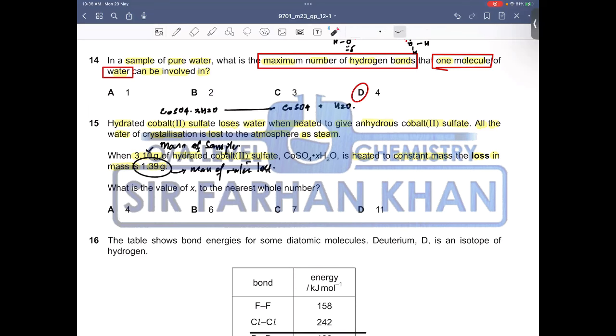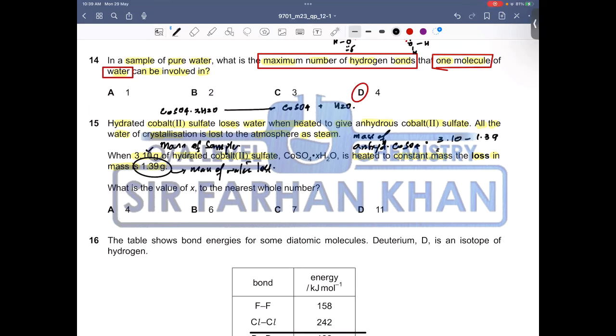Okay. So if I subtract these two values, I'll get the mass of anhydrous cobalt(II) sulfate. So let's find out that. Mass of anhydrous cobalt(II) sulfate. So the mass of sample is 3.10 and mass of water lost is 1.39. So it's going to be how much? Let's calculate this.